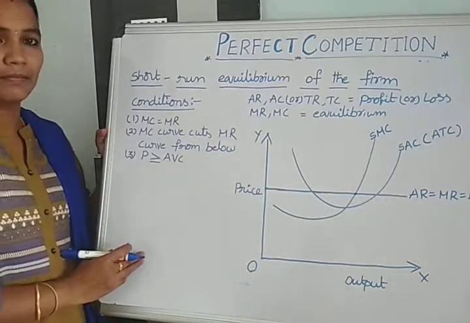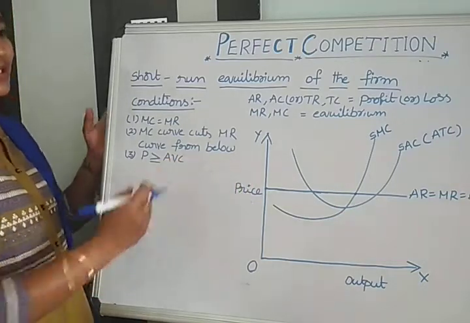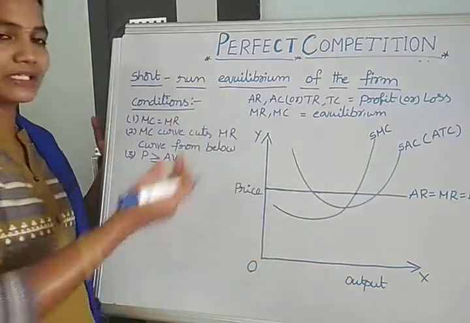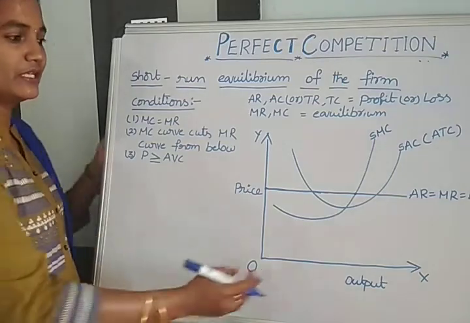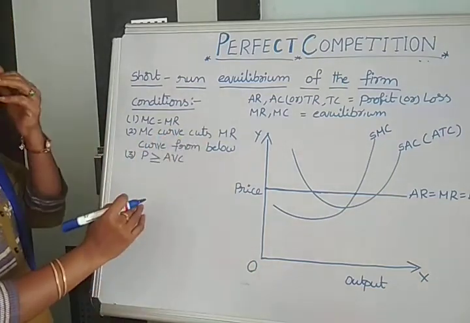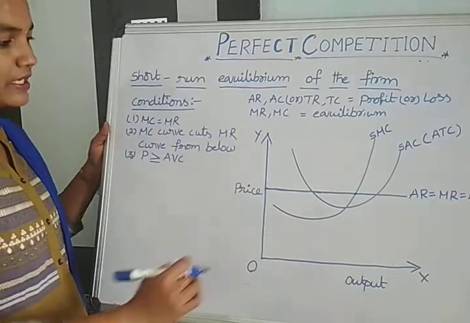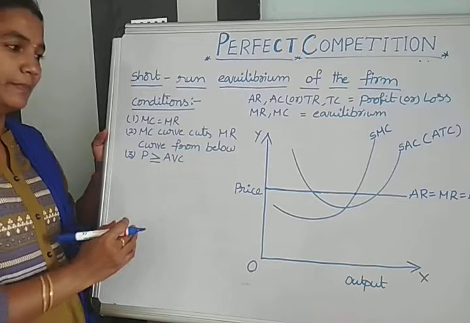Revenue curves are parallel to the OX axis, the cost curve is always U shaped, and the marginal cost curve always starts from below the average cost curve. Based on all these points, now we are going to explain the short run equilibrium of the firm under perfect competition.